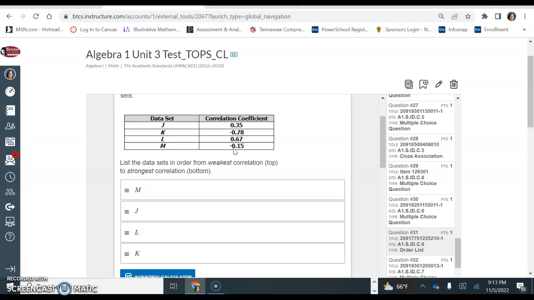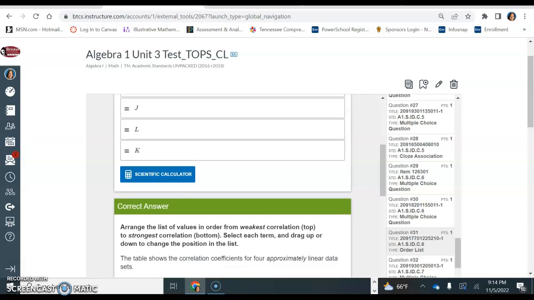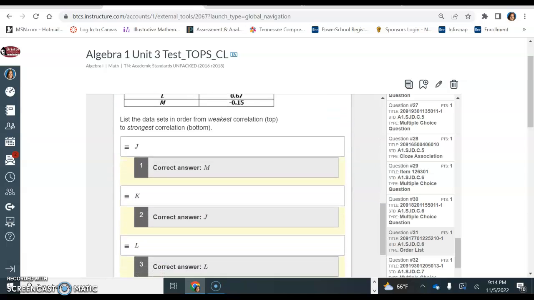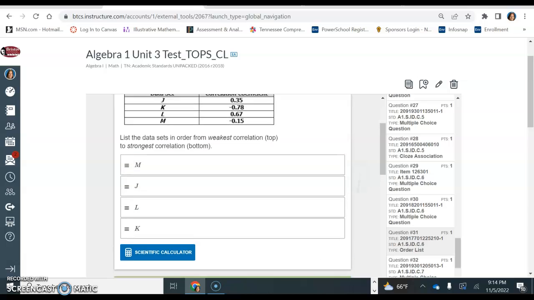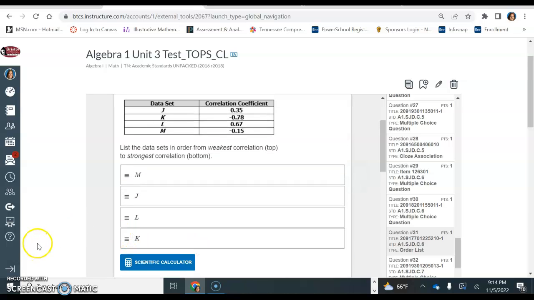So again, -0.12, then 0.35, 0.67, and then -0.78. So M, J, L, and the last one is K. Those are the correct answers from weakest to strongest.